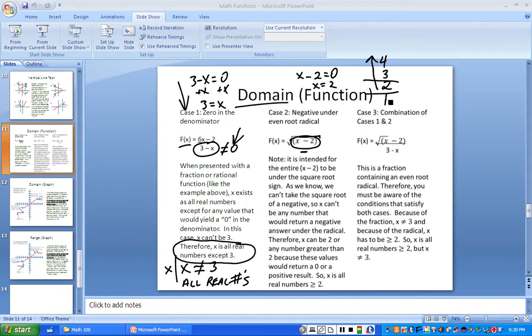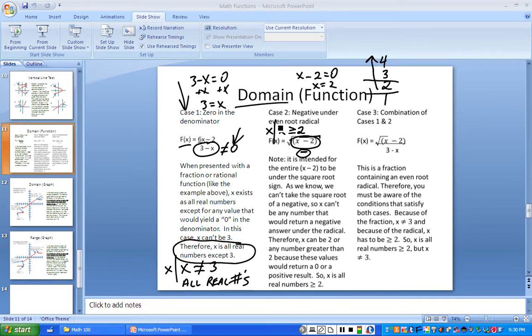So what we're seeing is if we get less than 2, whether 1, 0, negative 1, whatever the case may be, that's when we get into negative territory under here, and we can't take the square root of a negative. So the way we say this is the domain for x is all real numbers such that x must be greater than or equal to 2.